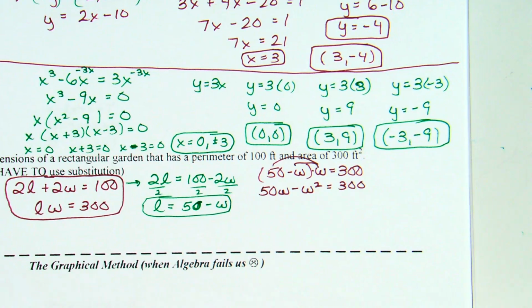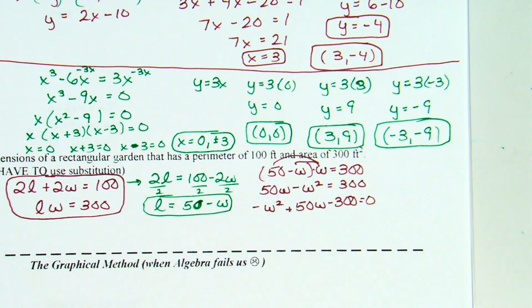So I would say if you subtract the 300 over, I'll write it in two steps. It's negative w squared plus 50w minus 300 equals 0. Now, if you want that positive w squared, change all your signs. So w squared minus 50w plus 300 equals 0.